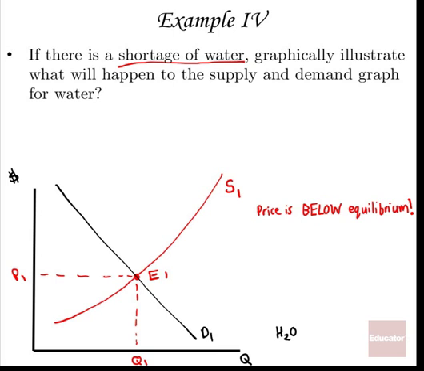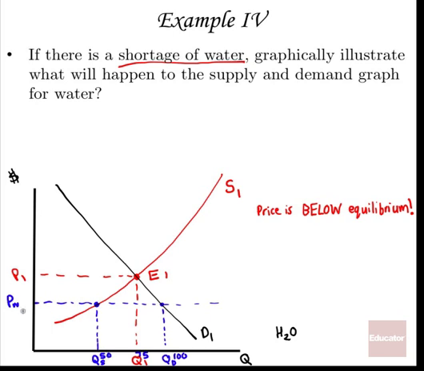So what's going to happen here is, let's say this is P, the price of water here. This is going to be the quantity supplied, quantity demanded. Let's go ahead and put some numbers here. Let's say this number here is 100, and this is 75, and this is 50.